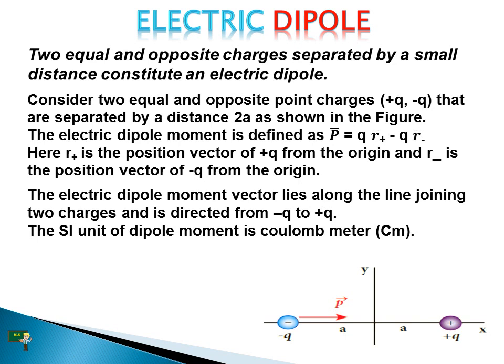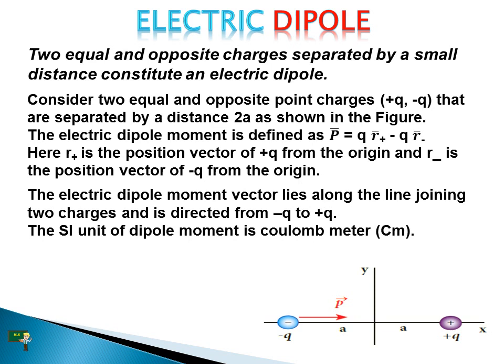Now let's consider two equal and opposite point charges. One is plus q and another is minus q, separated by a distance 2a as shown in the figure. The electric dipole moment is defined as p vector equal to q r plus vector minus q r minus vector. Here r is the distance referred to as a.